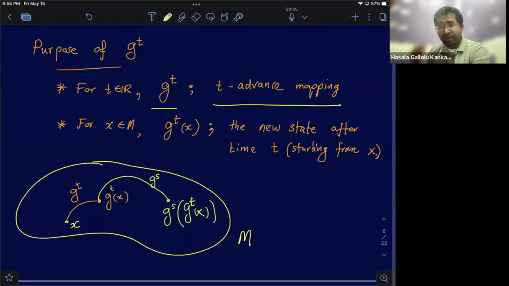Even if you decide to go from X all the way directly to that point, that should be the same action. So if you decide to go with G S plus T instead, S plus T, it should have the same action.